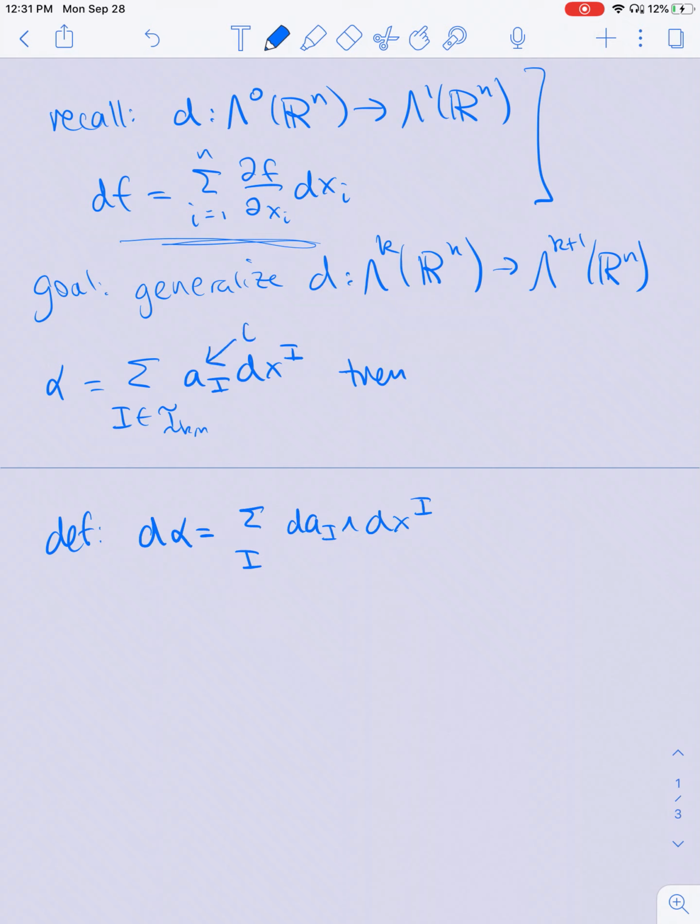So these are 0 forms. So then I can take d of them, like I do of a regular function, and then just take the wedge product with dx_I.